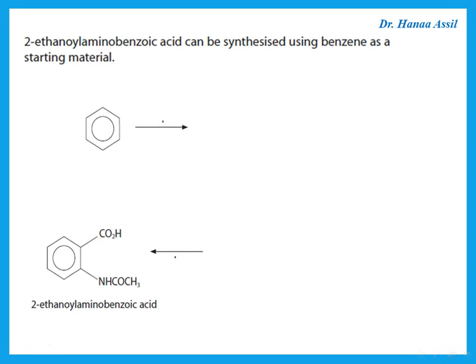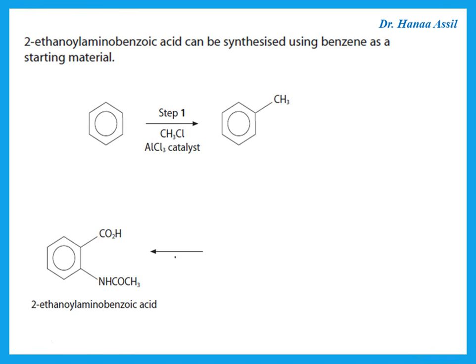Another question. This was saying that he wants to make 2-ethanoyl aminobenzoic acid, and he wants to start with benzene. So what do we do to the benzene to end up with 2-ethanoyl aminobenzoic acid? First, I can put a methyl group on the benzene ring.